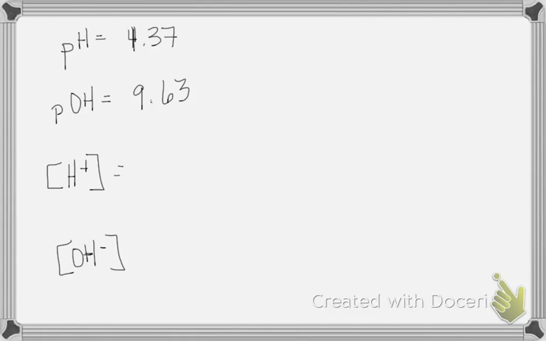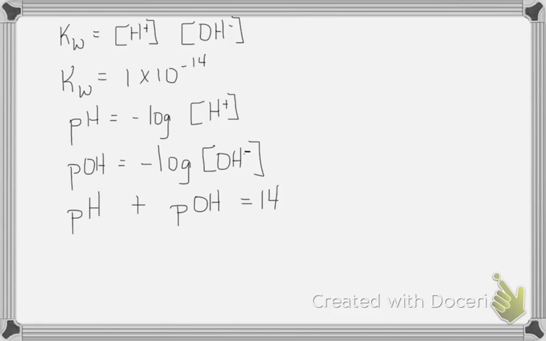Do you know what to do with those numbers to go to the hydrogen ion concentration? If the pH is 4.37, I'm going to go back a slide, then I can use this formula, and I know that 4.37 is equal to the negative log of x, right?